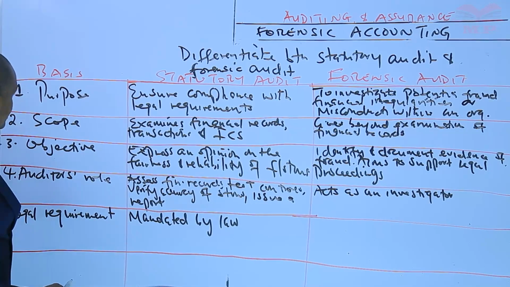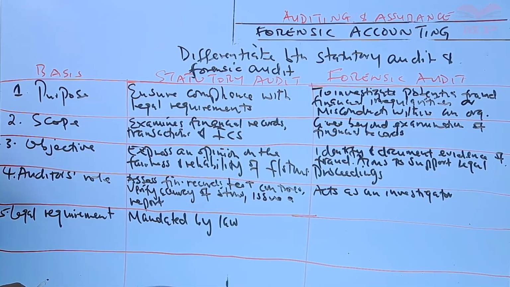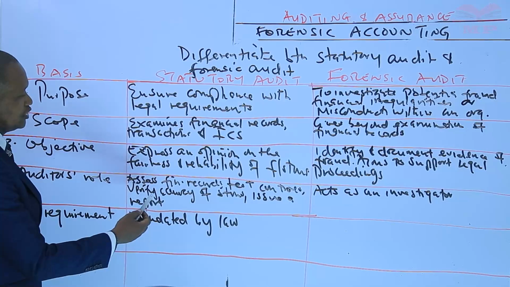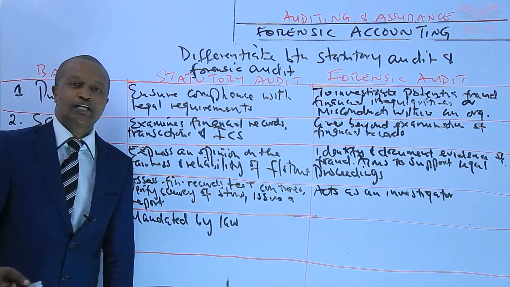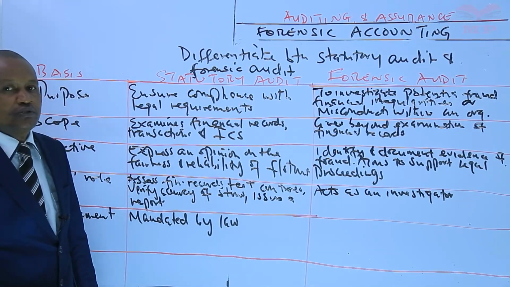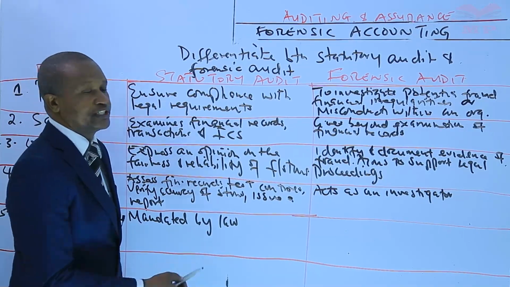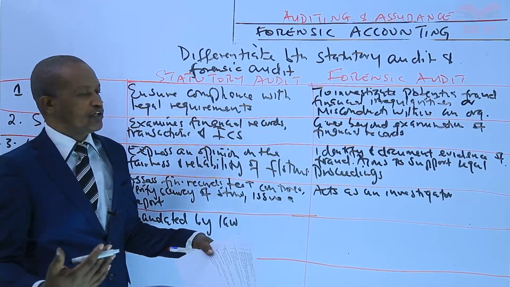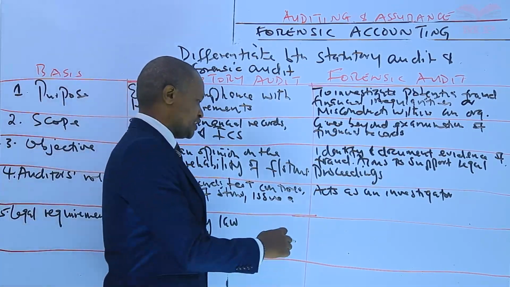Then another basis for distinction between statutory audit and forensic audit is legal requirement. Statutory audits are mandated by law, but forensic audits are triggered in response to specific concerns.